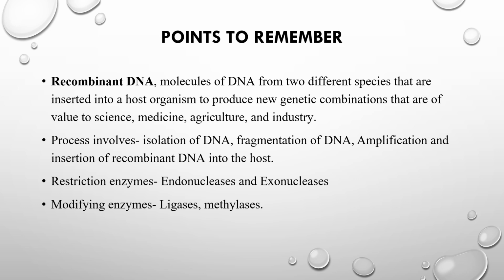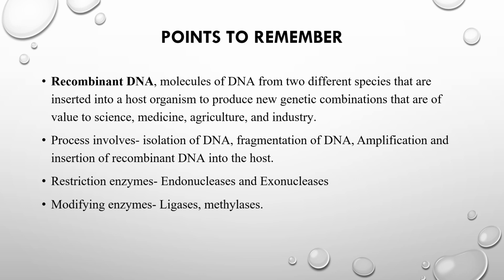So recombinant DNA molecule is a molecule of DNA from two different species that are inserted into a host organism to produce new genetic combinations that are of value to science, medicine, agriculture, and industry. The processes which are involved in the recombinant DNA technology are isolation of DNA, fragmentation of DNA, amplification, and insertion of recombinant DNA into the host.